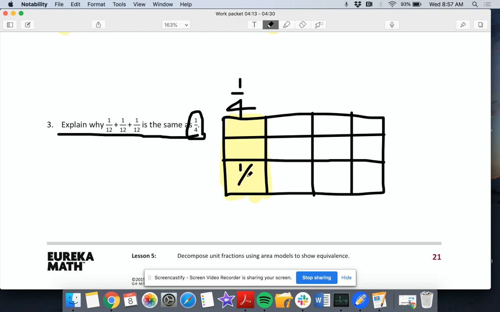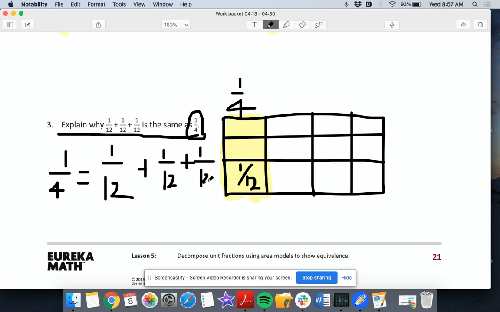Each unit fraction now will represent 1/12. I just added vertical and horizontal lines to cut this figure up into more pieces. So now I can easily say 1/4 is equal to 1/12 plus 1/12 plus 1/12.